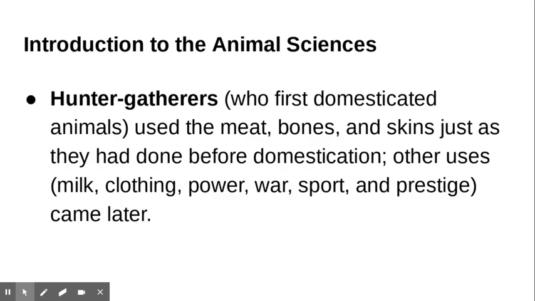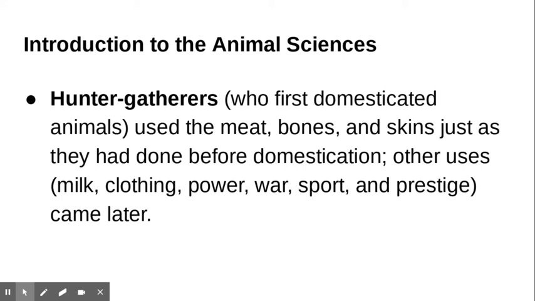Now, if we look at our culture from a long time ago, we used to have hunter gatherers. The hunter gatherers used to move from place to place. They were some of the first people who domesticated animals. When they learned to domesticate animals, they continued to use the animals for meat, bones, and skin as they had done before.